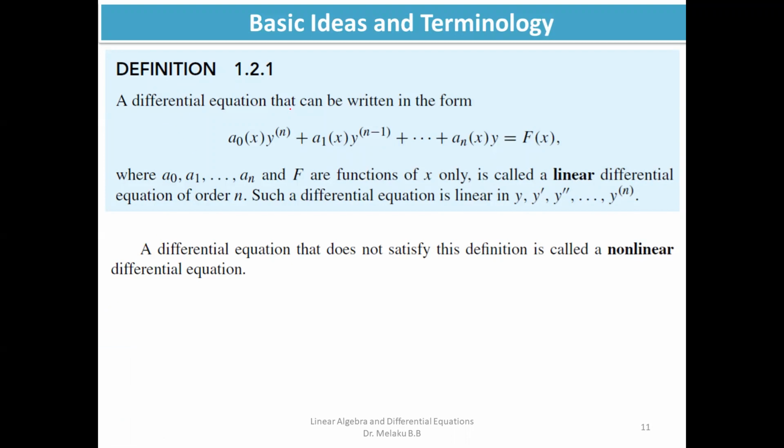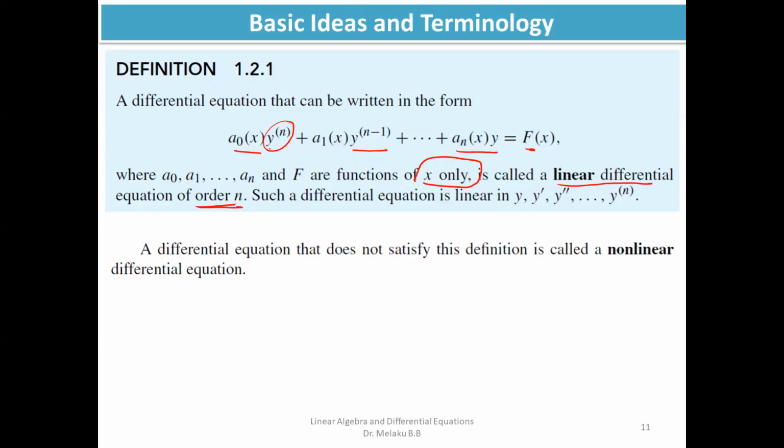Here we have a differential equation that can be written in this form: a0(x) times the nth derivative of y, plus a1(x) times the (n-1)th derivative, through an(x) times y, equal to f(x). Where a0, a1, a2 through an, and of course f, are functions of x only, don't forget, only, it is called a linear differential equation of order n.